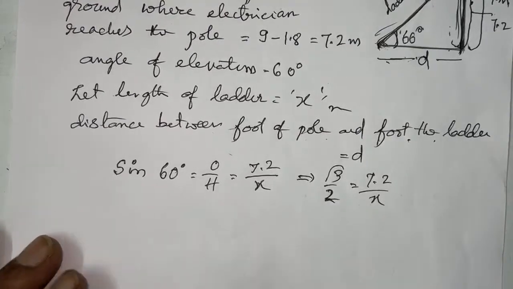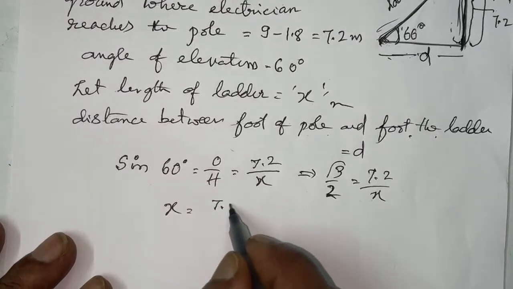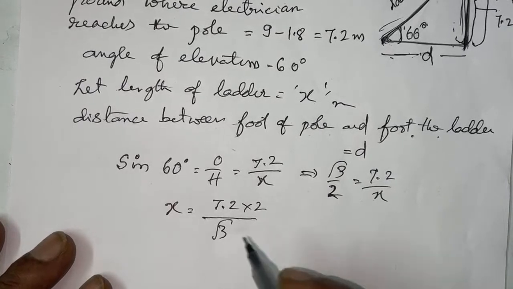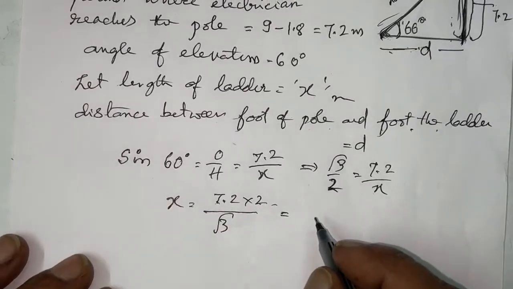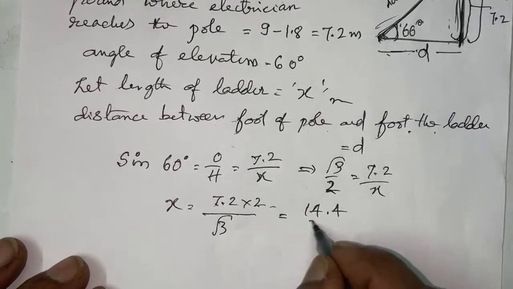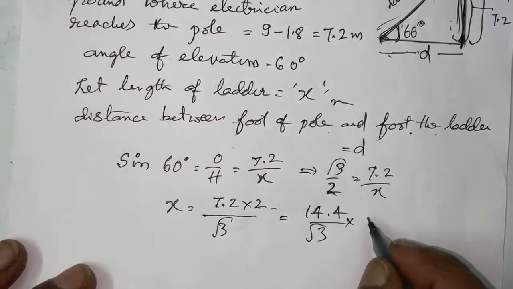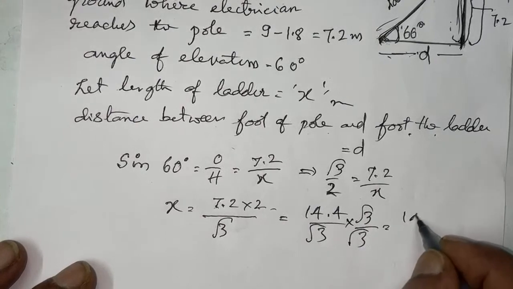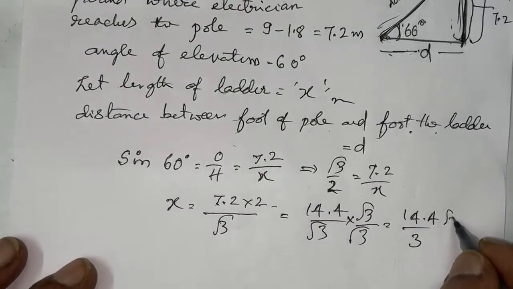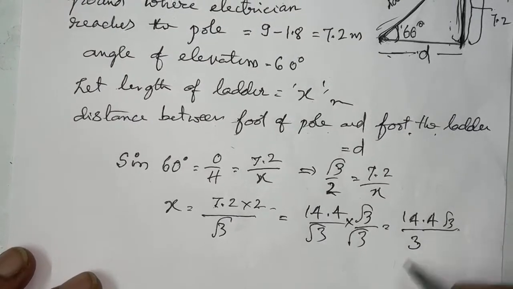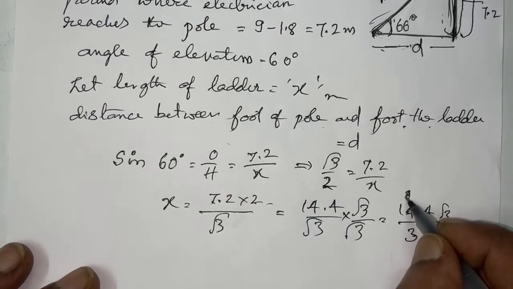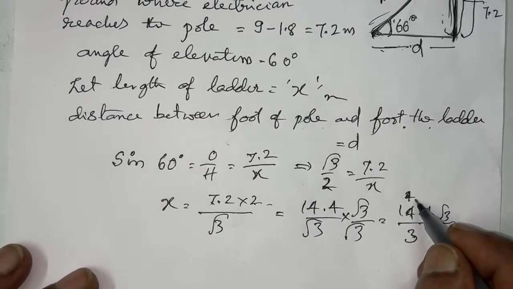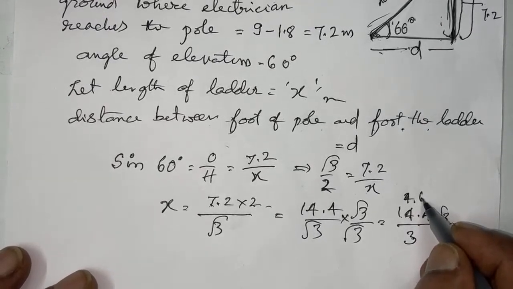Now, cross multiplication: x is equal to 7.2 into 2 by root 3. 7.2 into 2 means 14.4 by root 3, and we go for rationalization, root 3 by root 3. 14.4 root 3 by 3 we get here. Now 3 goes into 14 four times, and 12 will be left, and 2.4 means 8 times, 4.8.